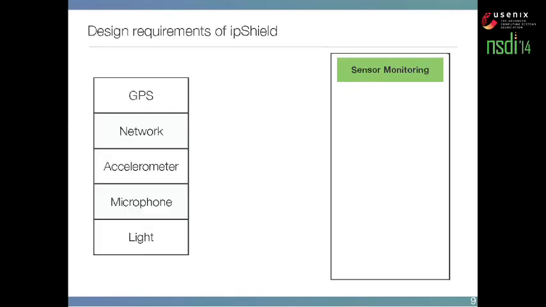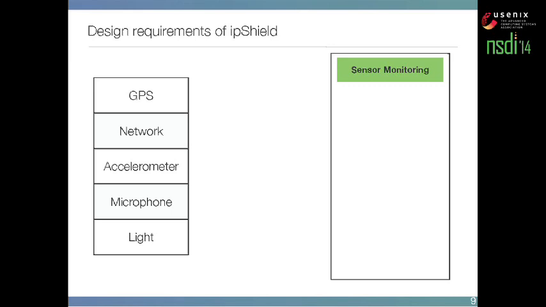So what we wanted to do as part of ipShield is ensure that every resource or every sensor that is being accessed by an application is monitored, and this information should be presented to the user. Now, as I mentioned before, these systems typically present the user with a list of sensors or resources that are accessed by an application, and often a user does not really know the implication of granting access to a sensor or blocking access to a sensor.